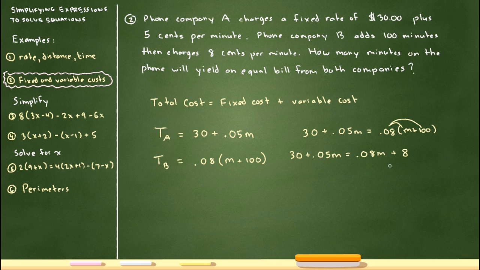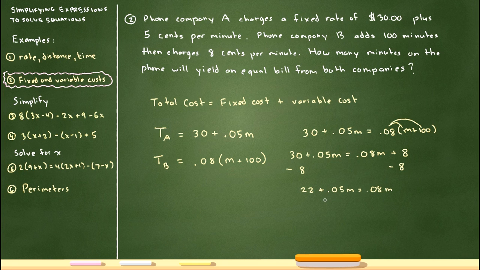So let me begin with this 8. I want to go ahead and subtract 8 from the right side, and I want to do the same on the left. So on the left side, we're going to get 22 plus 0.05m is equal to 0.08m. Okay, this 8 is no longer here because I subtracted an 8, so those are canceled out.